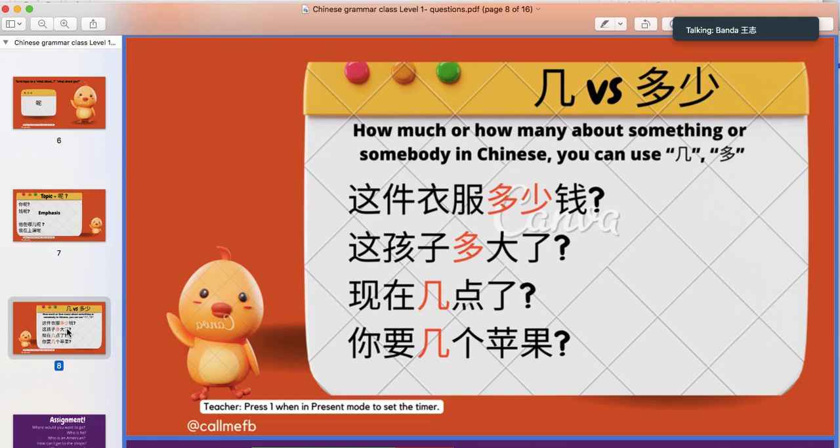Okay. Who wants to translate that for us? Yuchi. How much did this piece of clothing cost?